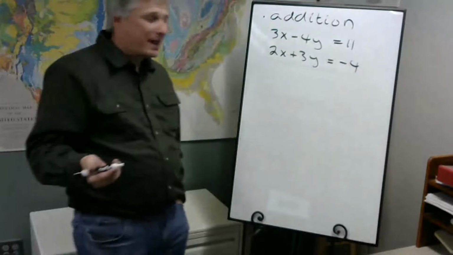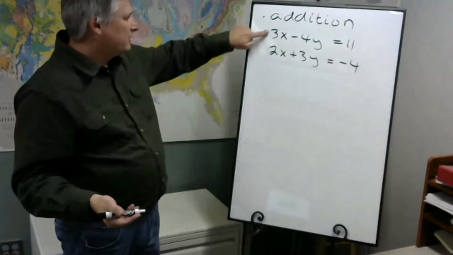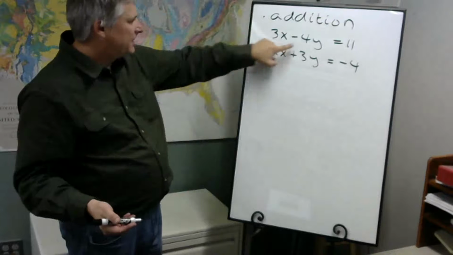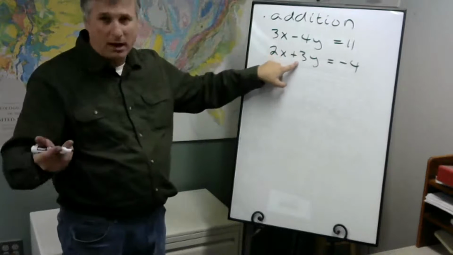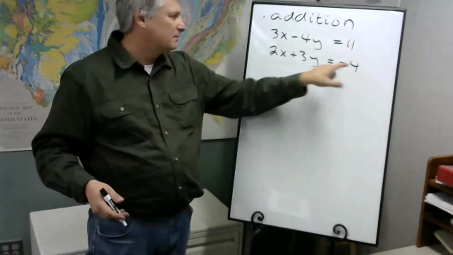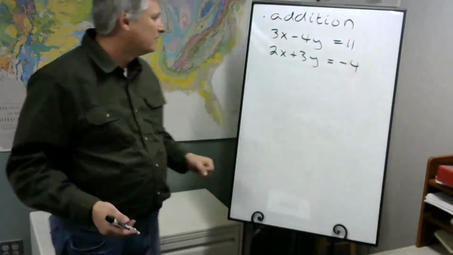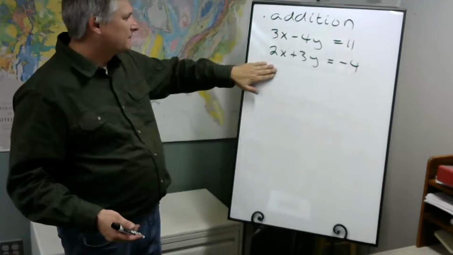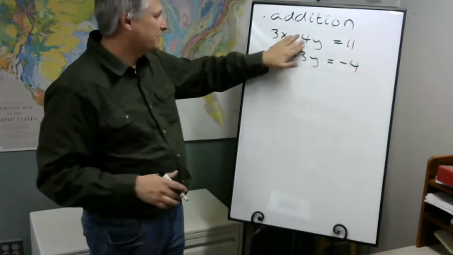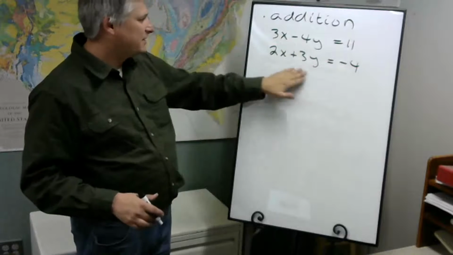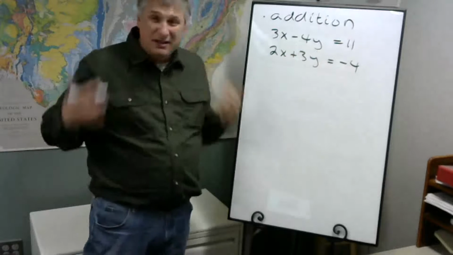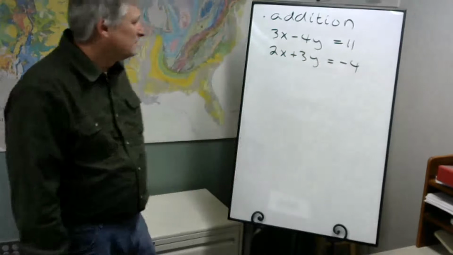Now again, if we try to add these, we'll get 5x, negative 4 plus 3 is negative y, and 11 plus negative 4 is 7. So 5x, a negative y, and a 7, nothing cancels out.